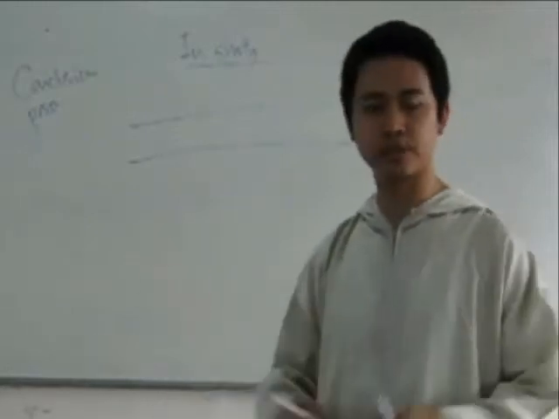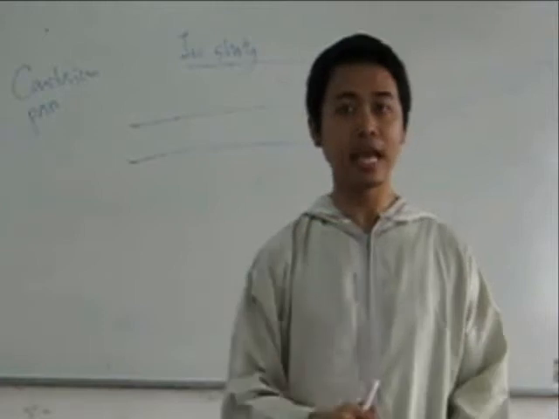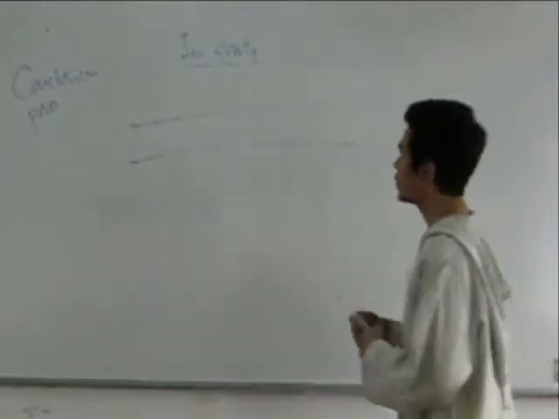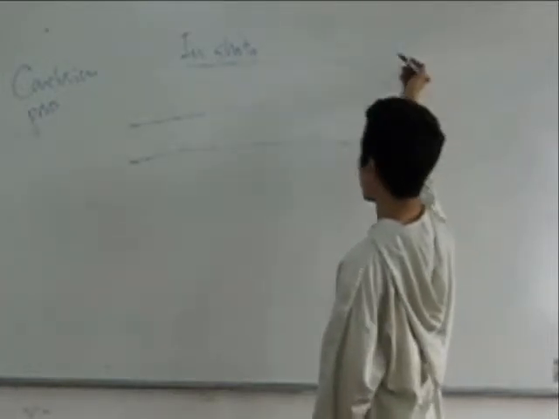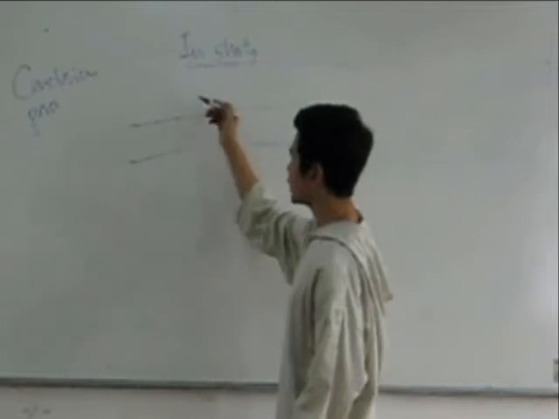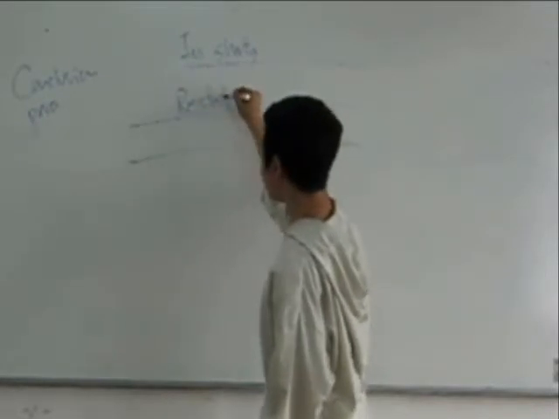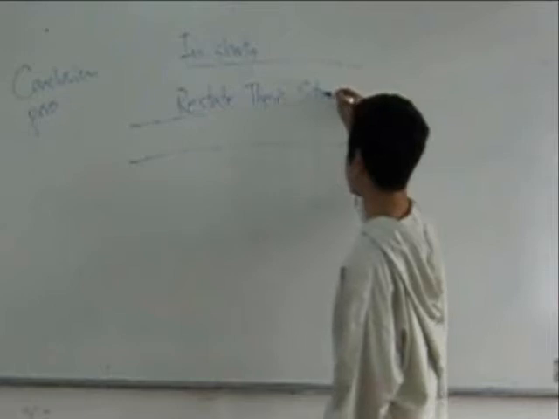Why do we have to write this? Because we are going to tell the reader, hey, this is my conclusion paragraph. Just let them know. And then you start writing. At some point you are going to restate the thesis statement.